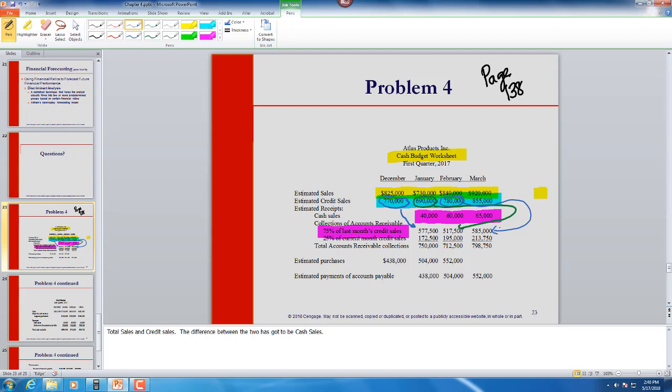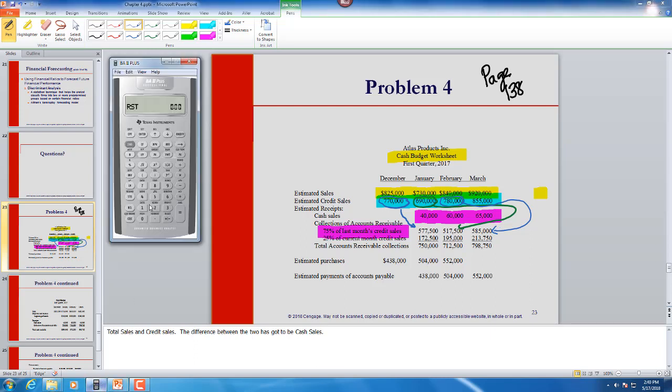Now 75% of 770,000 is 577,500, right? Let me just show you this. The credit sales in December are 770,000. 75% of that, multiplied by 0.75, gives you 577,500, which is what you got here.